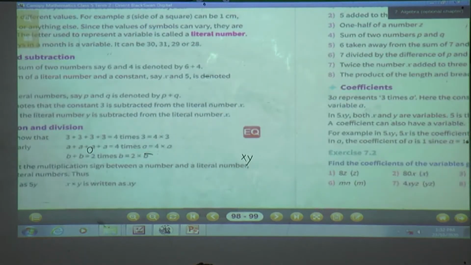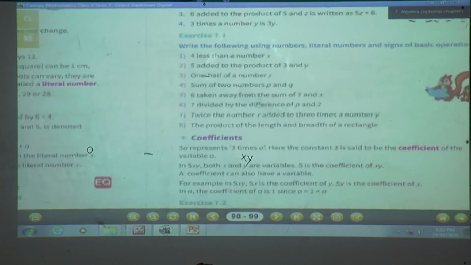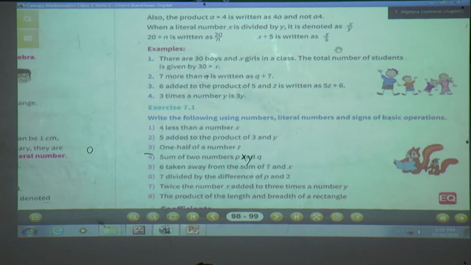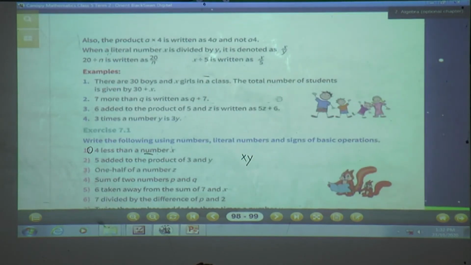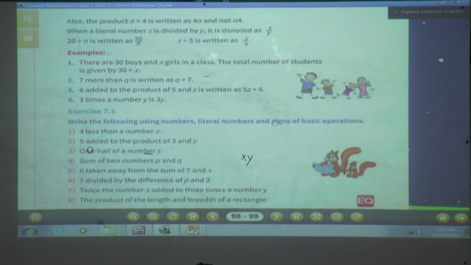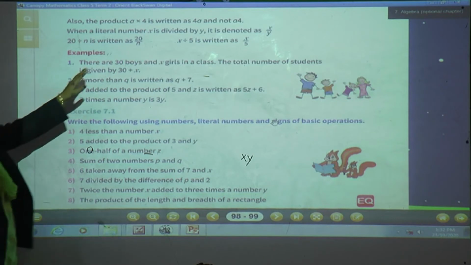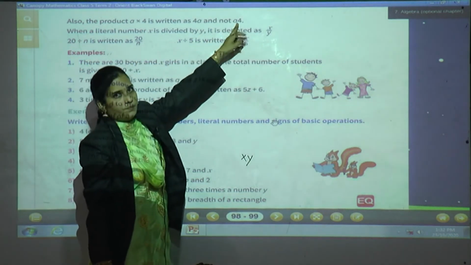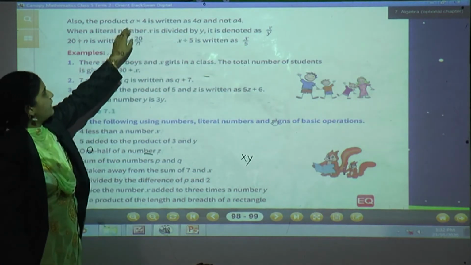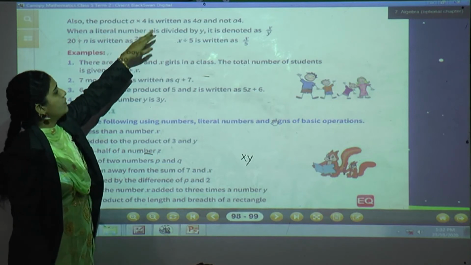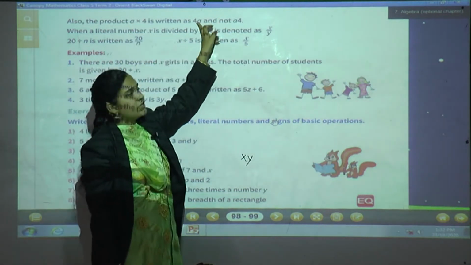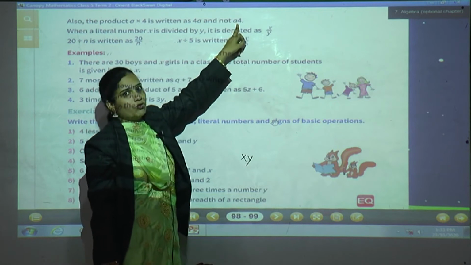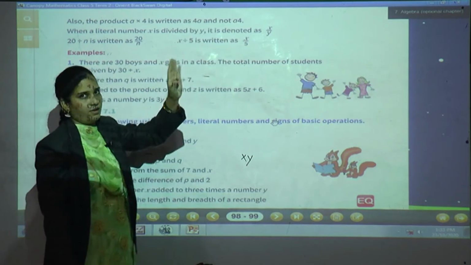Now see page number 99. Also, the product a multiplied by 4 is written as 4a, not a4. Here is a rule that we can't write a4, letter first and then number. We write 4a.